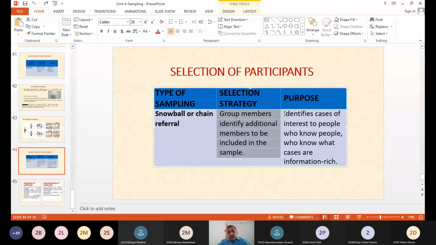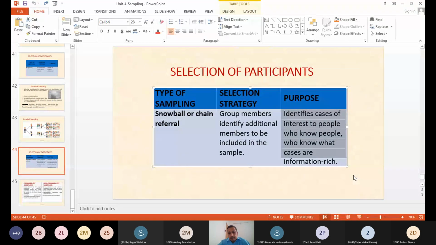The purpose is that this method identifies cases of interest through people who know which cases are information rich. So the initial individuals will give the researcher contacts of people they know who have better information, and those individuals can be further included in the study.